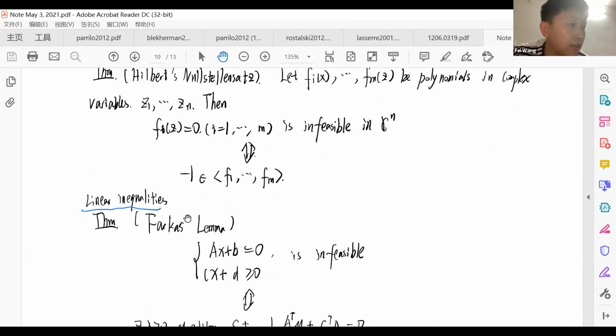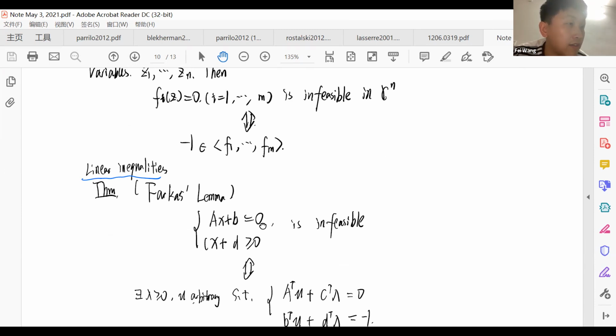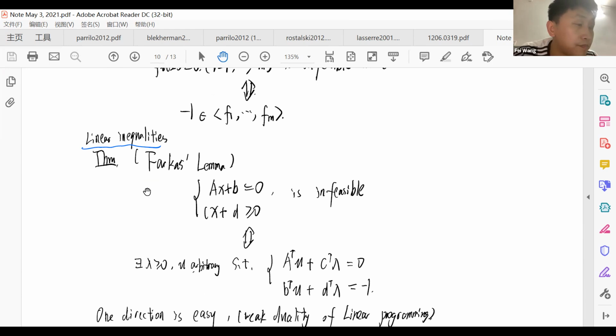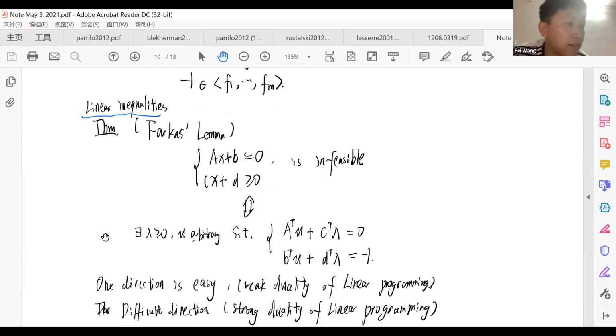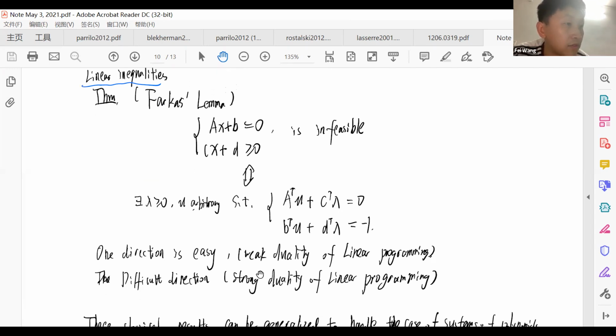And then for linear inequalities, we have this Farkas lemma, which says: if Ax + b = 0, Cx + d non-negative is infeasible, then this holds if and only if there exists lambda non-negative and u arbitrary such that this condition holds. One direction is easy, right?